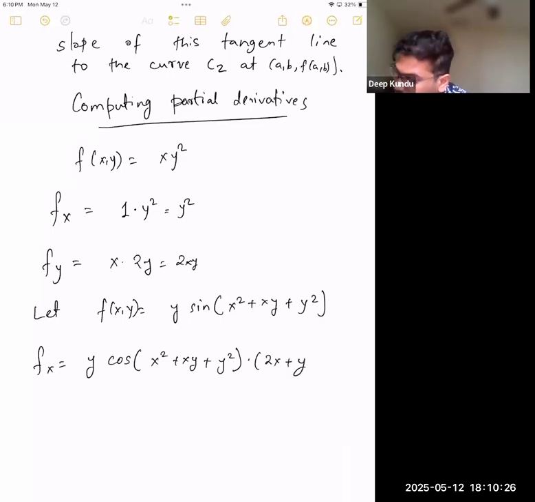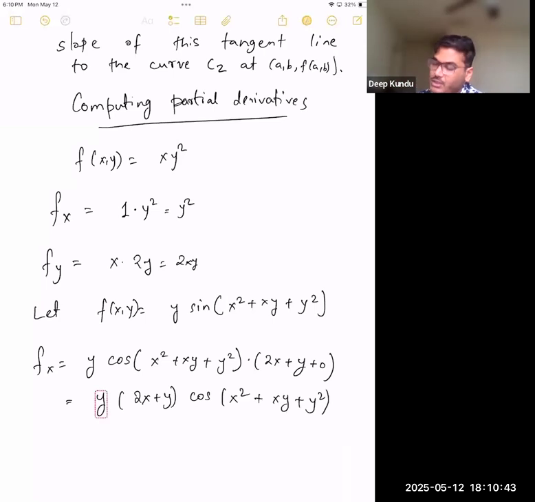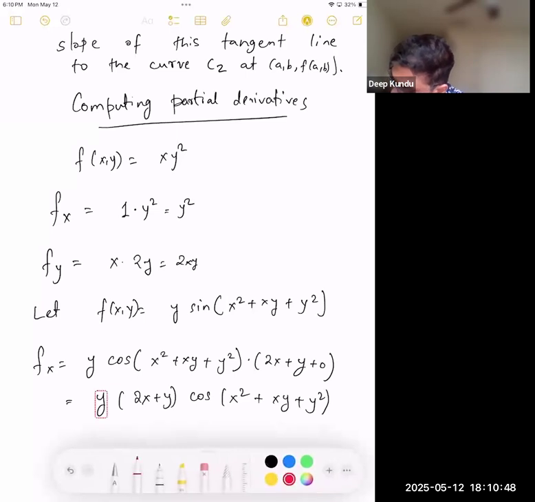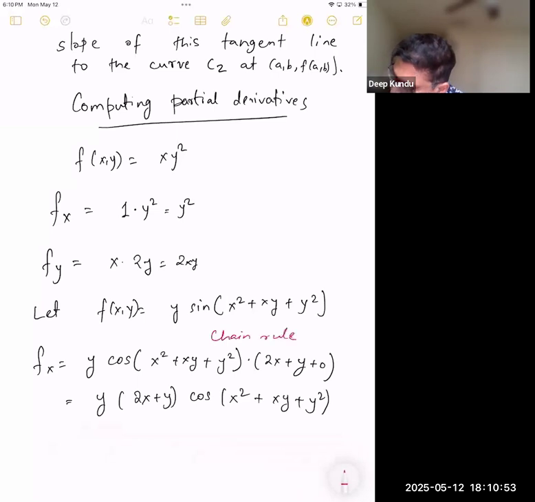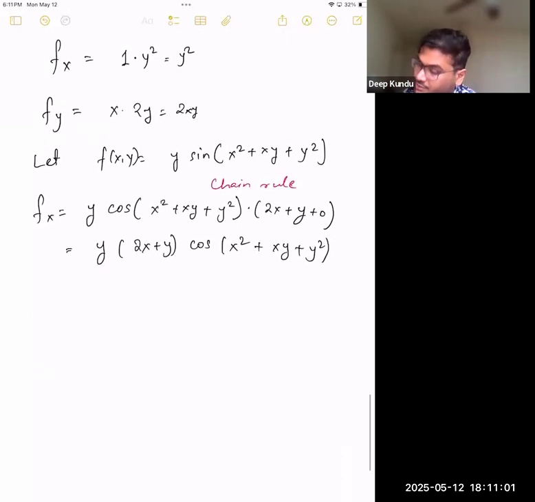And the derivative of y squared is going to be 0. Right? So we end up with y times (2x plus y) times cosine of x squared plus xy plus y squared, right? So we used the chain rule here. Okay. All right. Now let's take a look at the derivative with respect to y.